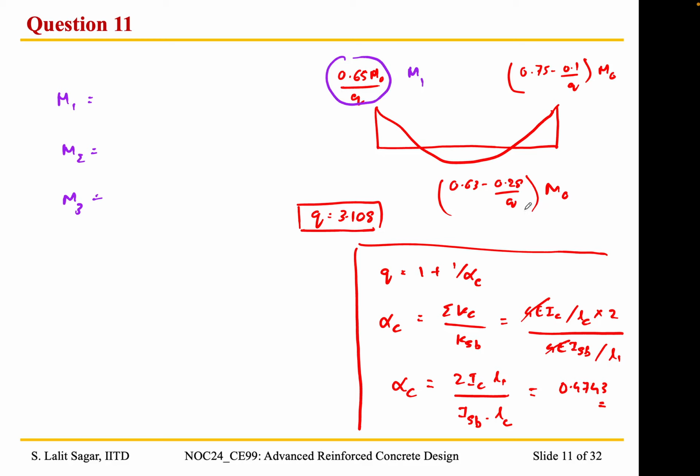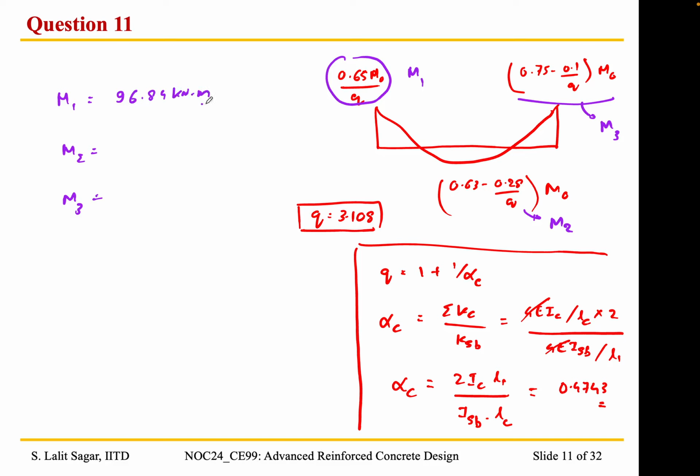Just simplify, and for this I got a value of 96.84 kilonewton meter.